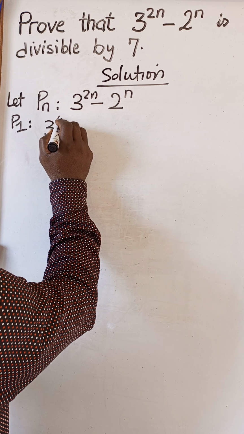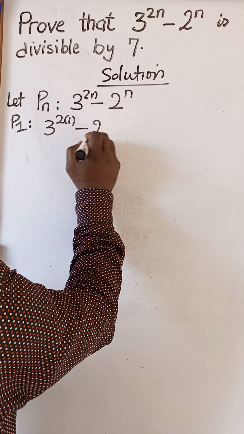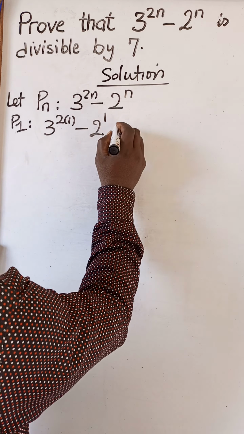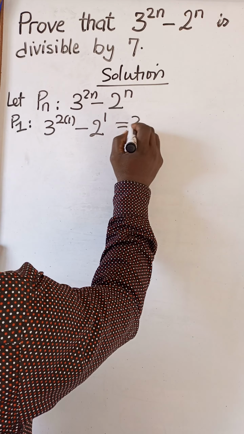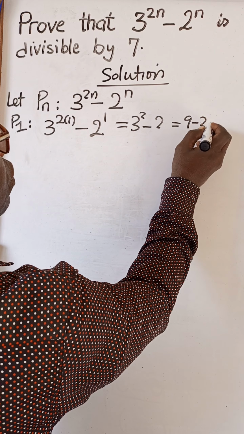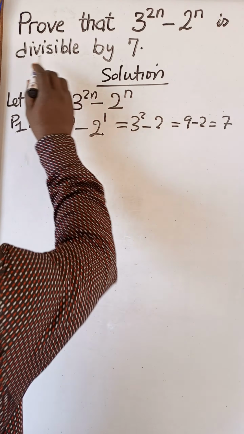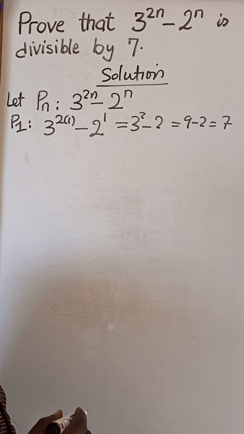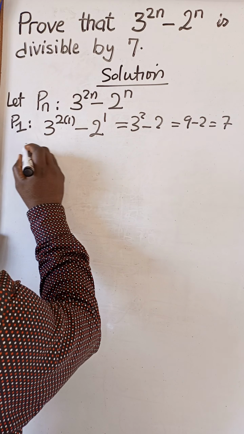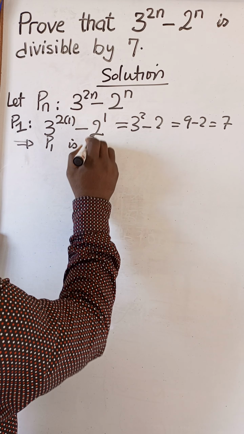This gives us 3 squared minus 2, which is 9 minus 2, which is 7. Clearly 7 is divisible by 7. So the conclusion is that P1 is true.